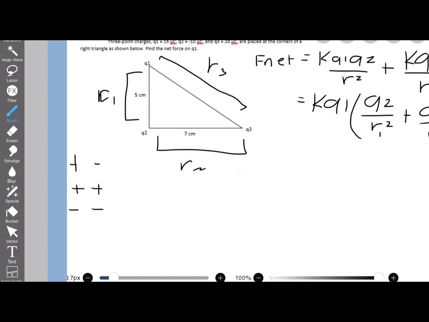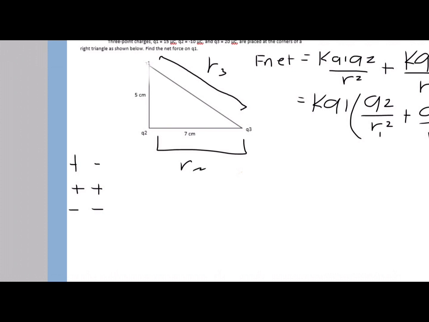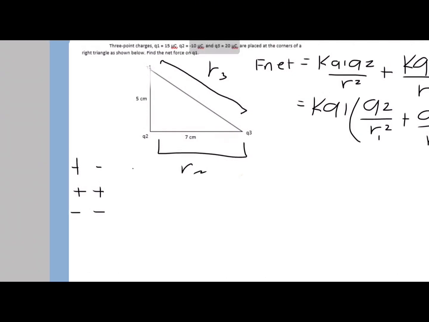So in this sense of Q1 to Q2, let me just erase this real quick. Whoops, I kind of erased it, but just go with it. So in the sense of Q1 to Q2, since this is positive, sorry about that, since this is positive and this is negative, what do you think will happen?